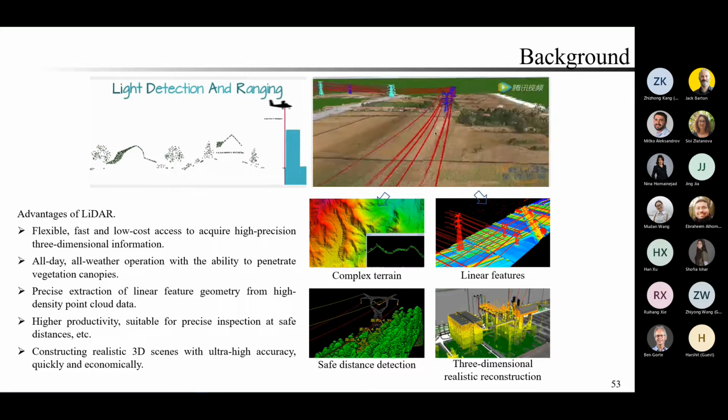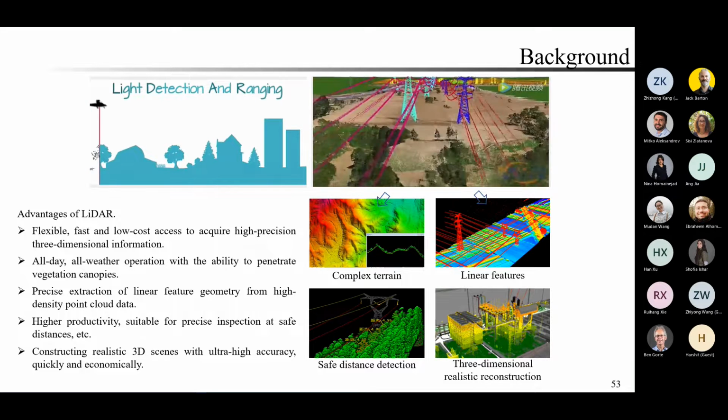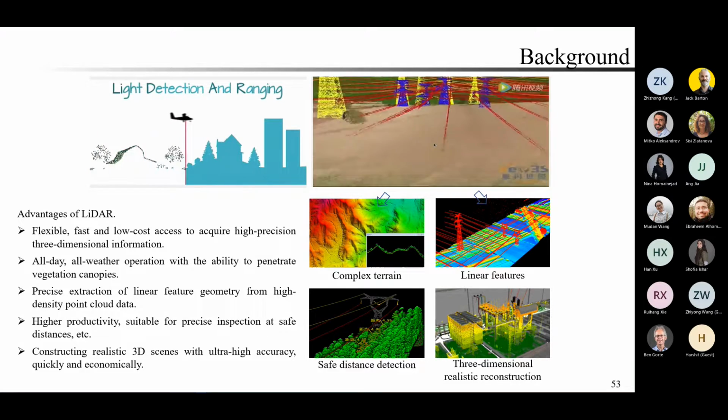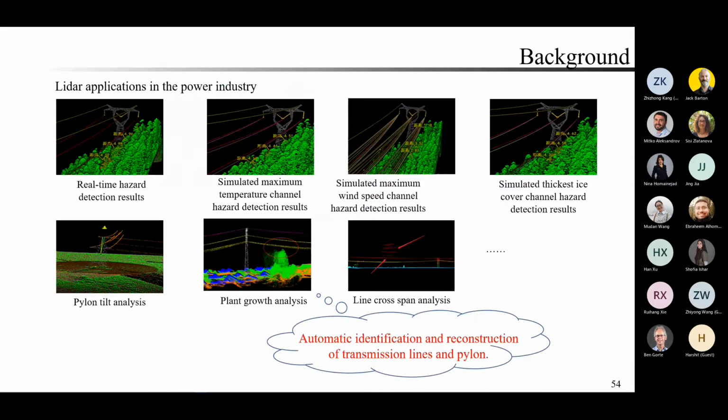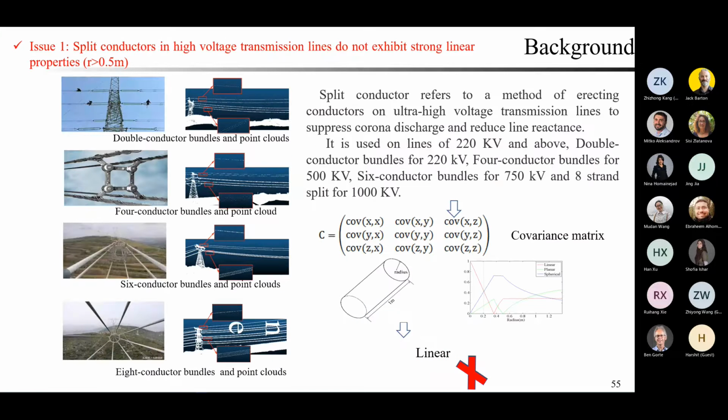Those data sets are very important for the safety estimation of the facilities. So those are descriptions of how point clouds can be used in the safety monitoring of transmission facilities.